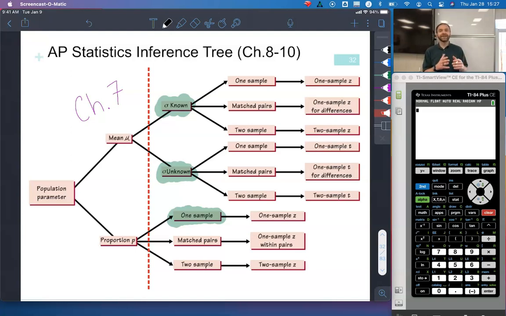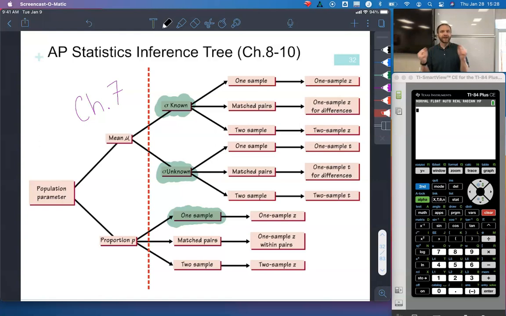We are looking at different situations involving means and proportions. And notice means has 2 situations. Your sigma is known or your sigma is unknown. And what that means is your population standard deviation is known to you. It's told to you in the prompt, or it's not told to you in the prompt. It's unknown. We don't know the population standard deviation.